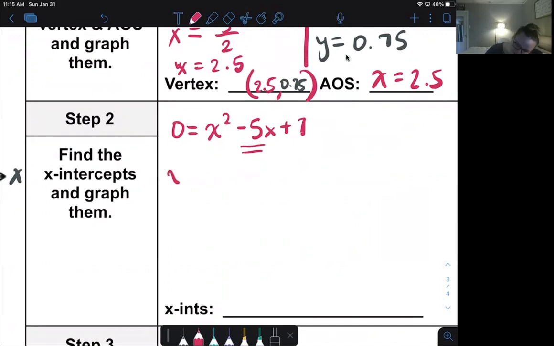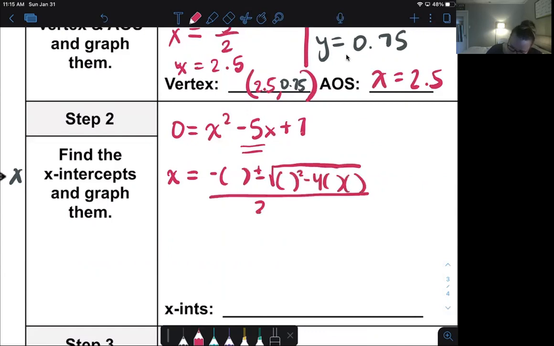So let's do this. x is equal to the negative of b plus or minus the square root of b squared minus 4 times a times c, all over 2 times a. So a is 1, c is 7, b is negative 5. The negative of negative 5 is 5.